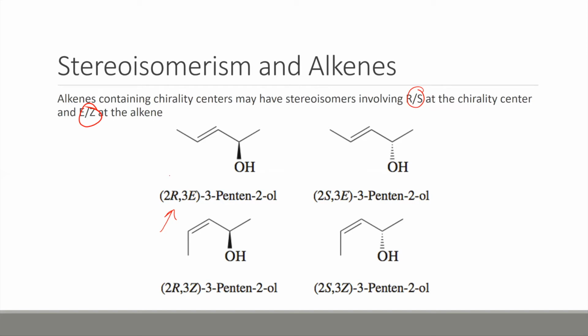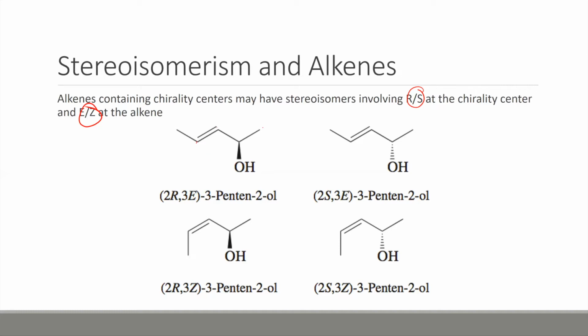And you number the position of the chiral center or the double bond that is attached to that R or S distinguishing point. So if you have both, or you have multiple R's or you have multiple E's, etc., you have to number them so we know which corresponds to which position.